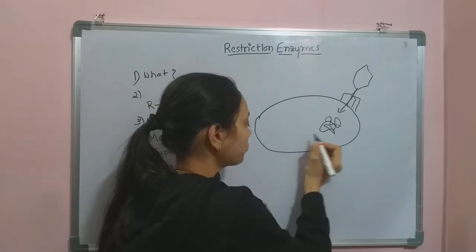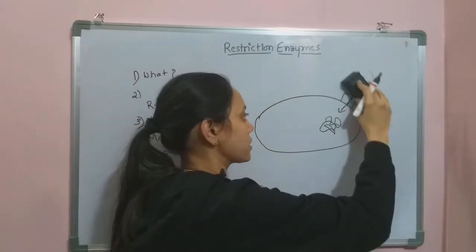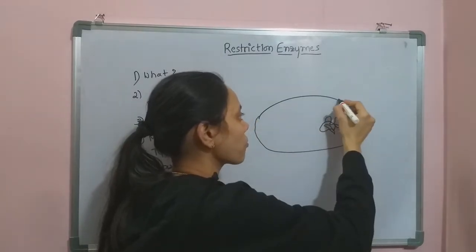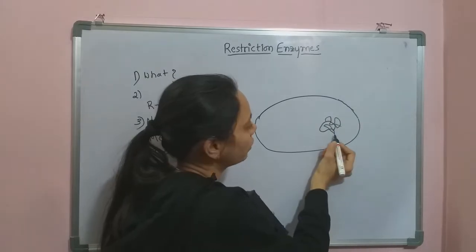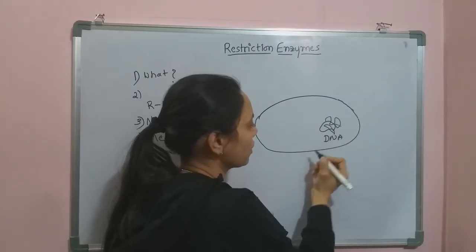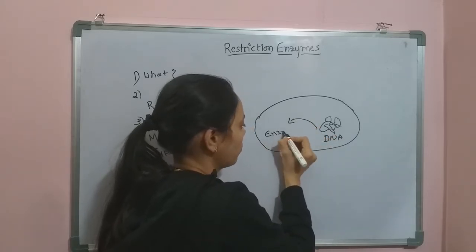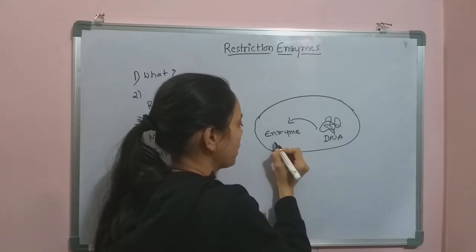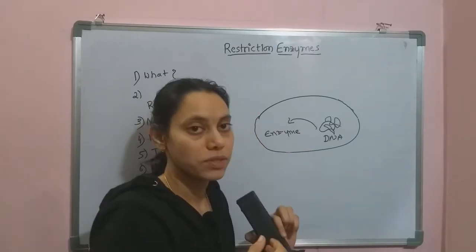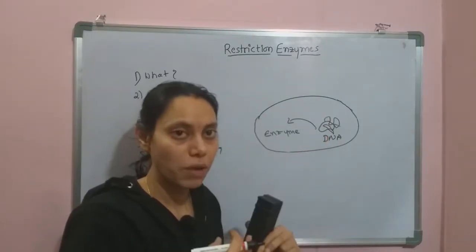This DNA will cause infection and do the remaining work. This phage DNA will hijack the enzyme machinery of the bacteria, so that these enzymes work for the viral DNA instead of the bacterial DNA.